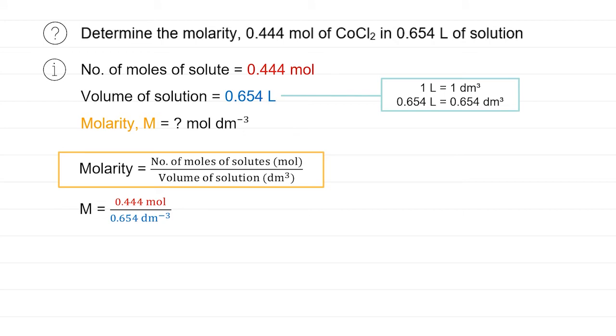Because we already know the volume of solution from this conversion, the number of moles given is 0.44 mole divided by 0.654 decimeter cubic. So we get the answer for molarity, which is 0.679 mole per decimeter cubic. So this is the way to do this question. Let's move on to the next slide.